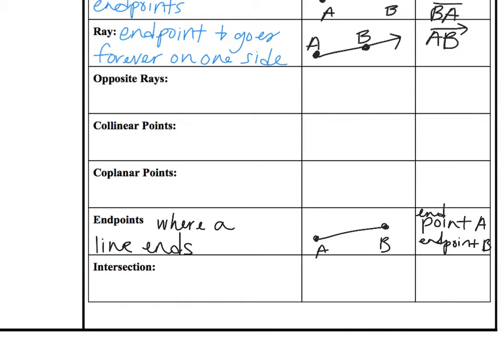Opposite rays. I don't have a perfect way to describe it. They're opposite to each other. So if C lies between A and B, then CA and CB are opposite rays.